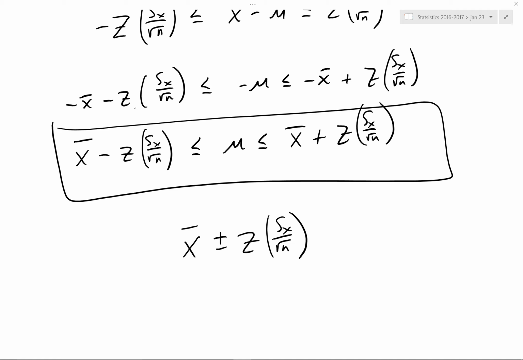That's the only difference. So me personally, being the lazy person that I am, I'm always going to compute this piece here first, and then I will add it onto x bar, and I'll subtract it from x bar, and I'll be done. Piece of cake. We call this part the margin of error. And what we just found is a confidence interval.